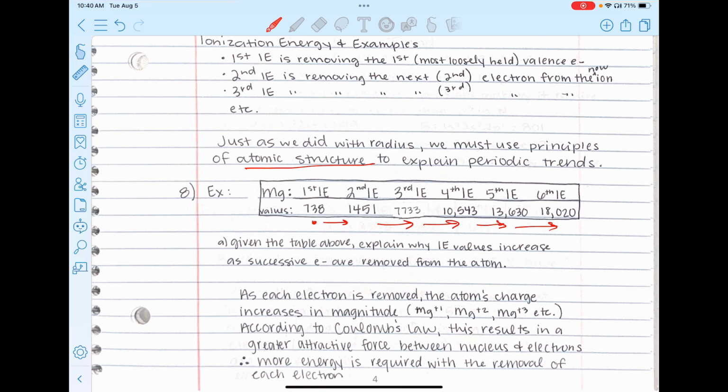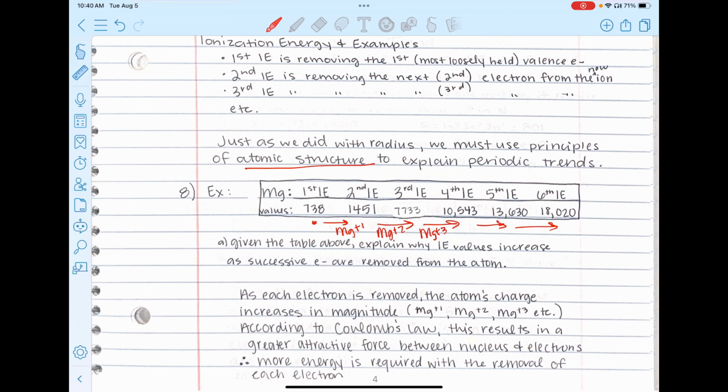Now, as each electron is removed, right, the atom's charge increases in magnitude. How does that work? Let's think about this. After I remove the first one, I now have a magnesium plus 1 atom. After I remove the second one, I now have a magnesium plus 2 ion. After I remove the third, I have a magnesium plus 3 ion, so on and so forth.